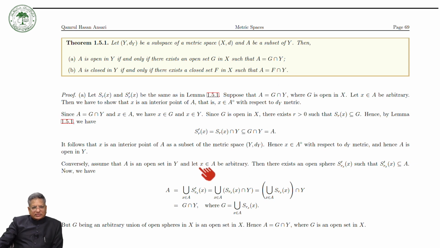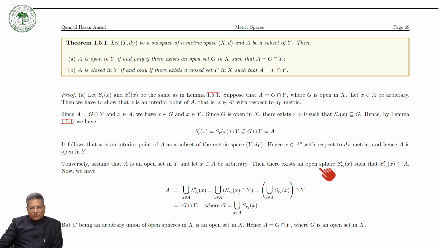Let us take x to be any arbitrary element. Then because A is open and x is in A, x must be the center of some open sphere with respect to d_Y contained in it.